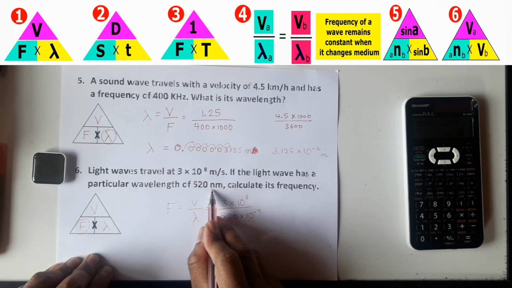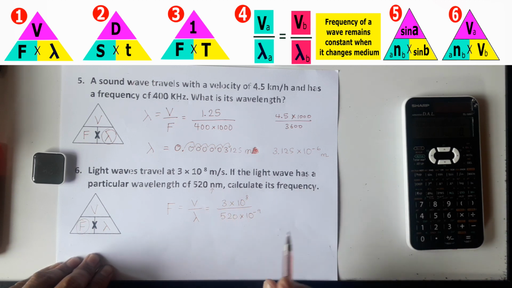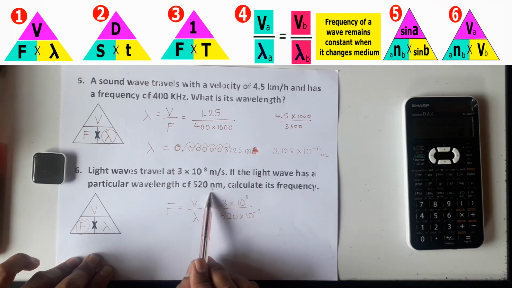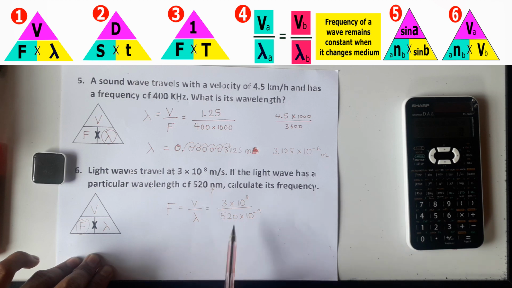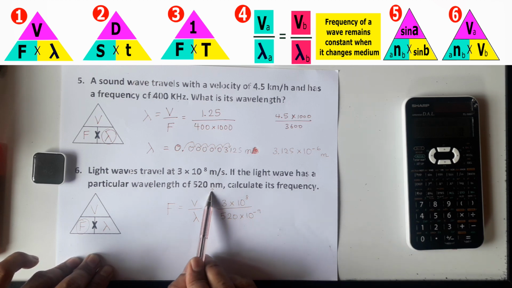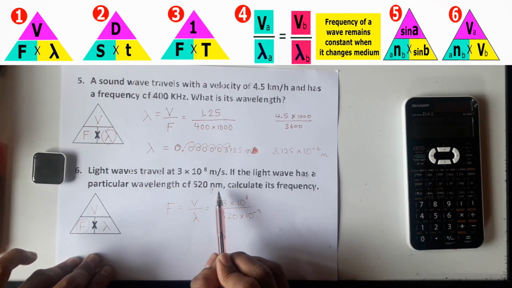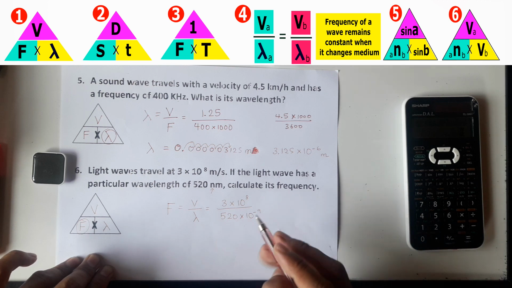Nano is a very small value. If you had watched the physics for beginners or physics basics videos, we would have gone through what the common prefixes mean. So I'm letting you know now, again, nano means to take the value and multiply it by 10 to the power minus 9, and then we will have the wavelength in normal meters.